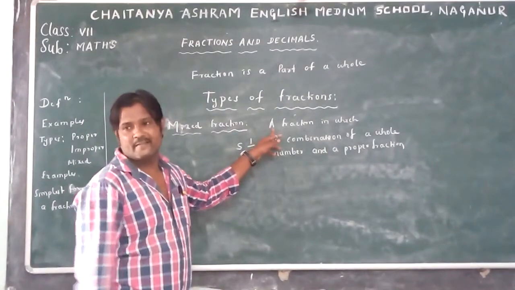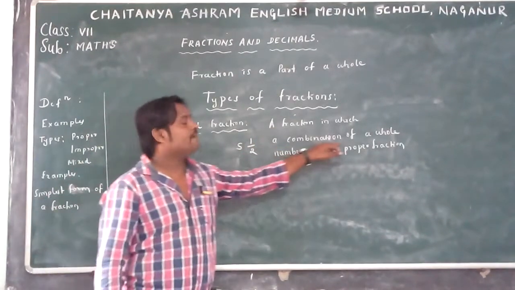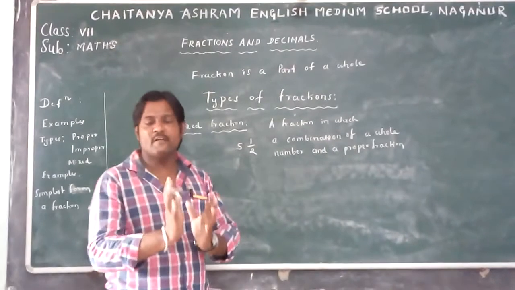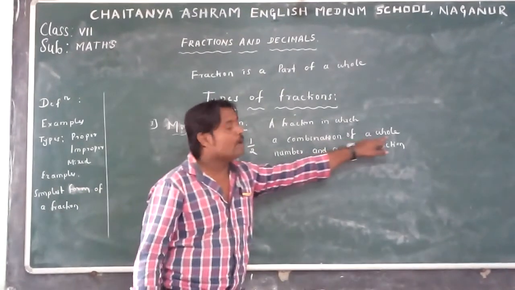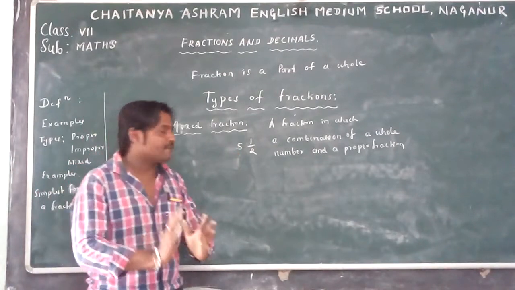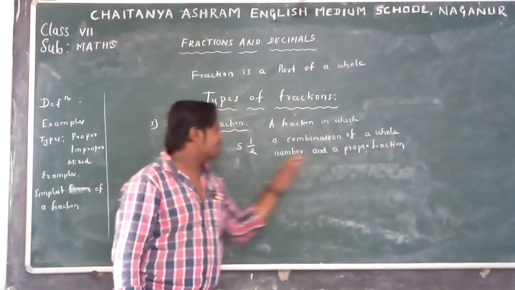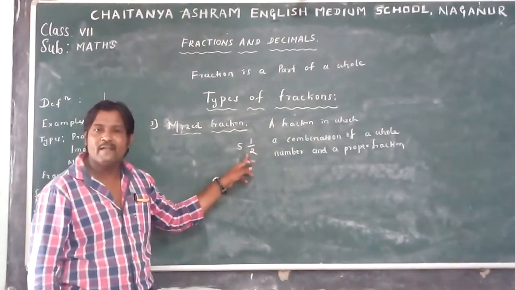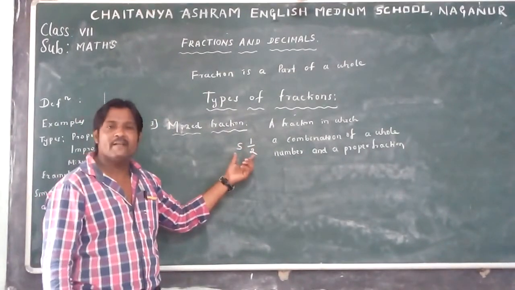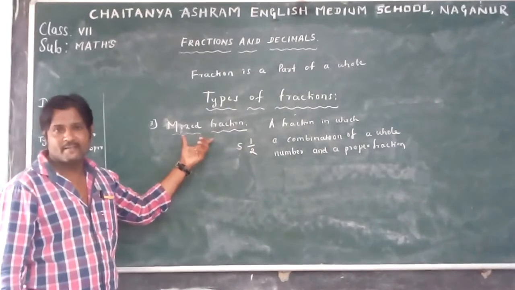It is also a type of fraction, but it is a combination or a mixture of a whole number. There should be a whole number. Along with that whole number, there is a proper fraction. This 1 by 2 is a proper fraction. So this combination of fraction is called mixed fraction.